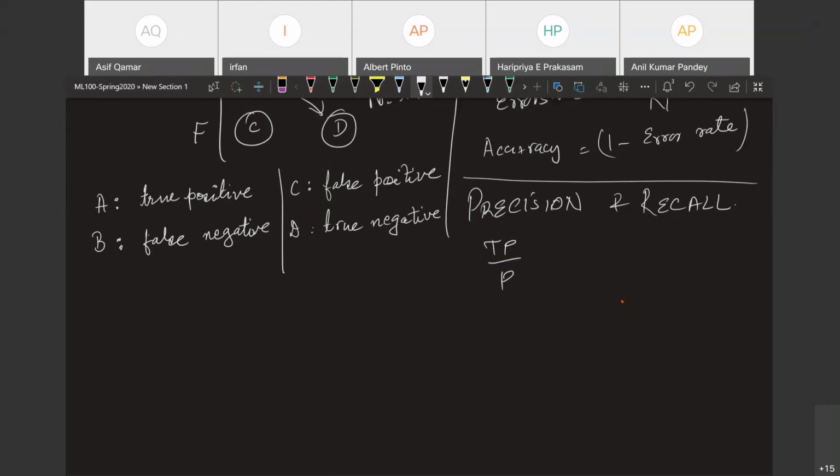Recall is true positive over positive. I should put it in different columns. The precision is slightly different, but let's stick to recall and then we'll come to precision in a moment.